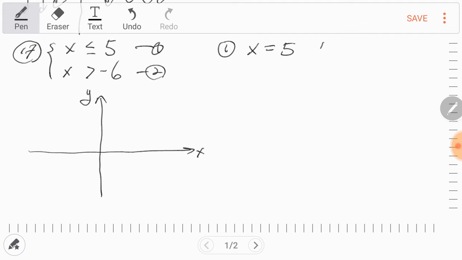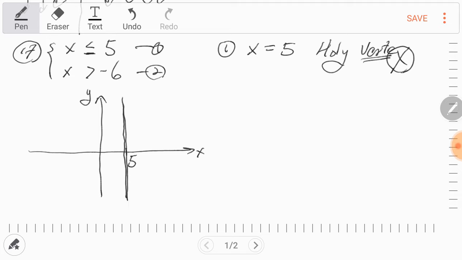Yes, this is a vertical line. So the equation of the vertical line has variable x. X equals 5. So let's say this is 5. Then this is the vertical line. So I'm going to draw a vertical line passing through 5 on the x-axis. And the inequality has an equal sign here, so we will draw a solid vertical line.